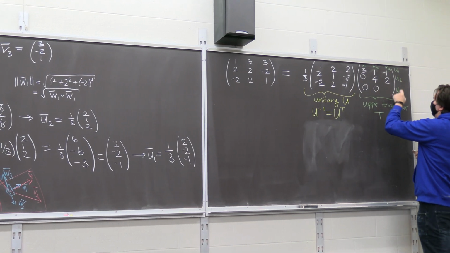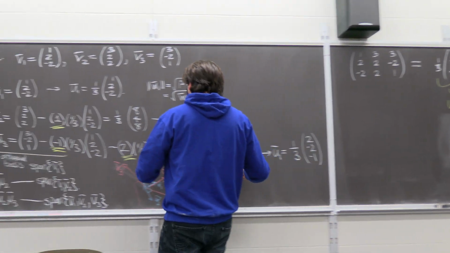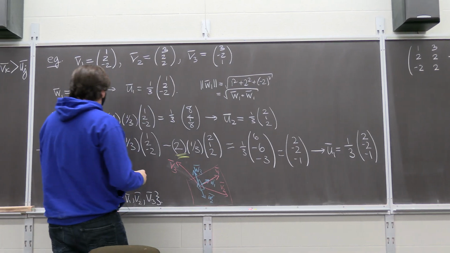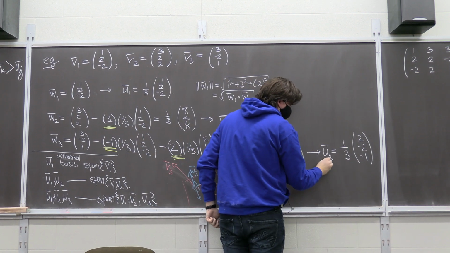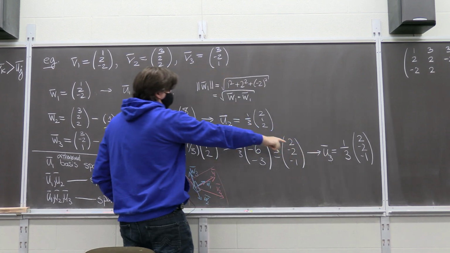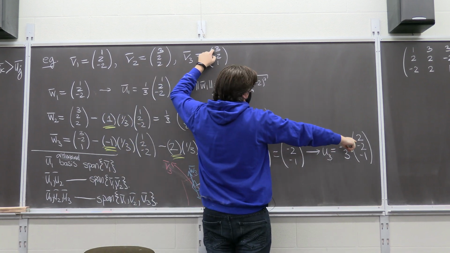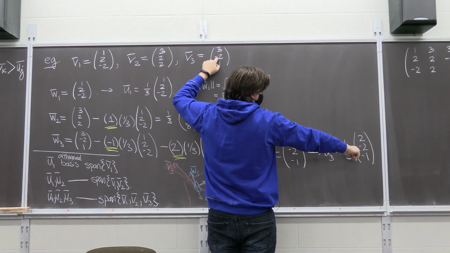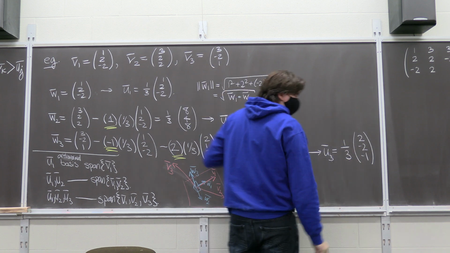And u3.v3, where's my u3? We called it u1 by mistake. That's a u3. So u1, u2, u3. u3.v3 is 6, 4, minus 1. That makes it 9 divided by 3, which is 3.